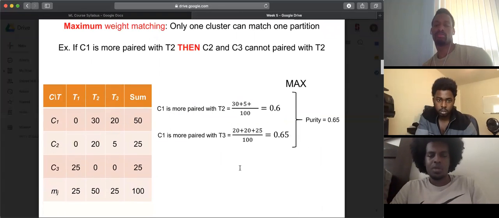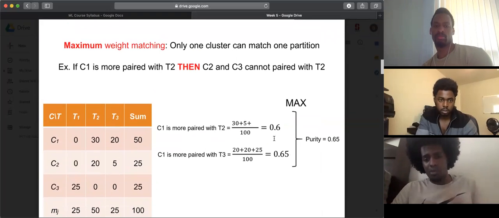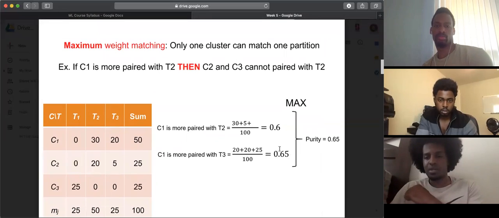The problem that arises is that you might have something really close. So like in this case, C1 is more paired with T2, where you get a score of 0.6, and then C1 is more paired with T3 at 0.65, but the issue is that they're very close together.